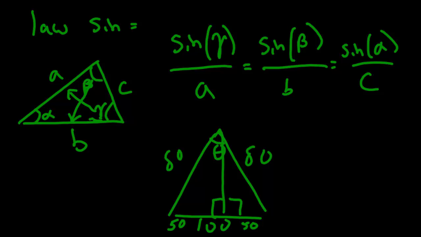Then you find this angle, which is just half of the overall angle you're trying to find, so then you would just multiply that by 2. That's another way of doing it. But for this problem, I think it specifically asks to apply law of sines or law of cosines.